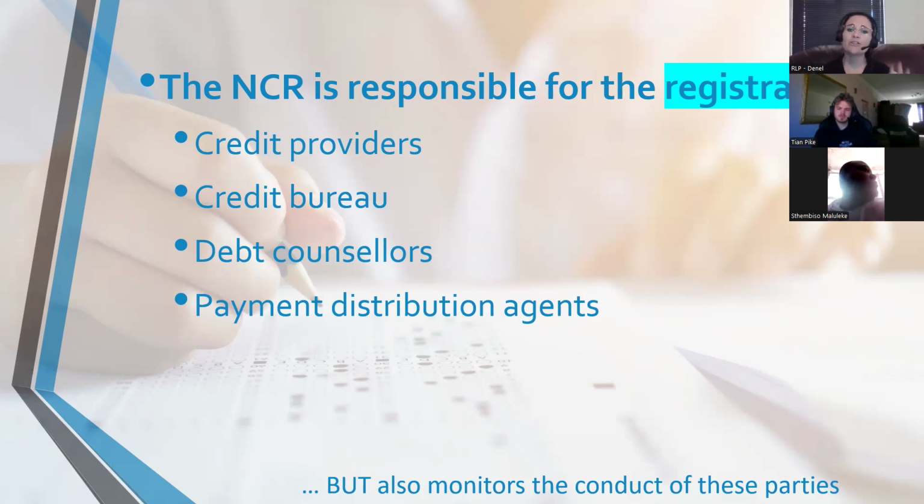But then the payment distribution agent pays the relevant credit providers according to the plan that they receive from the debt counselor. So they only get the money from the consumer and pay the relevant credit providers according to the plan that the debt counselor gave to them.